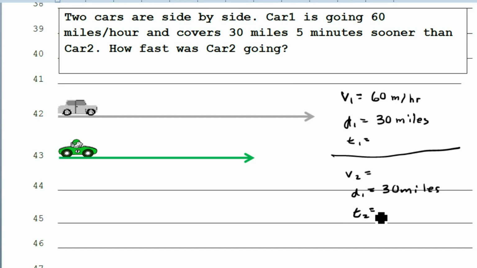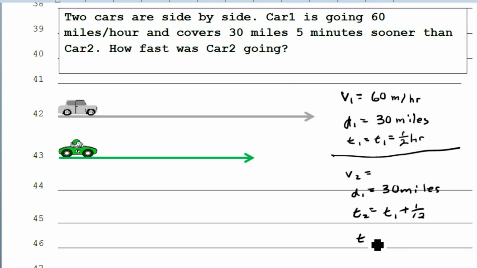And its time is 5 minutes later than T1. So T2 equals T1 plus 5 minutes, which comes out to 1/12 of an hour. What we're given here, we can calculate T1. T1 will be D over V, 30 over 60, and that is 1/2 hour.